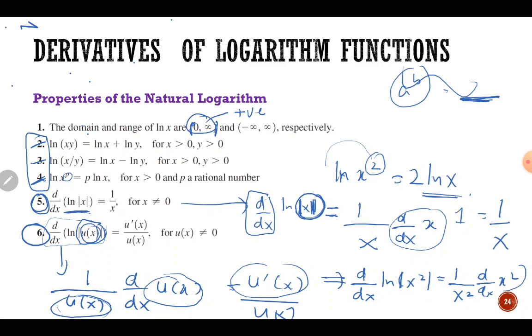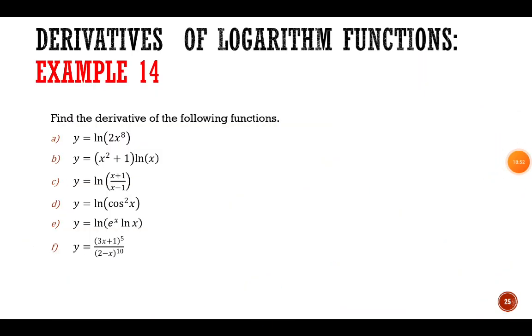So differentiate x square dapat apa? Dapat 2x kan. So 2x over x square, you boleh cancel, so you dapatlah 2 over x. Okay, we're going to have more examples in the next slide. Okay, I will discuss example 14 ni in next part of the video, right?